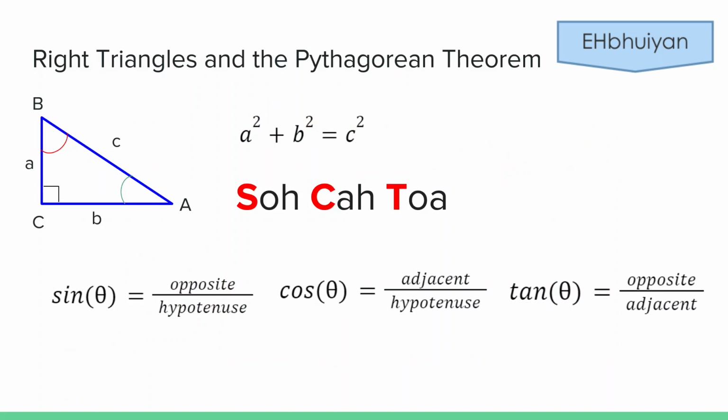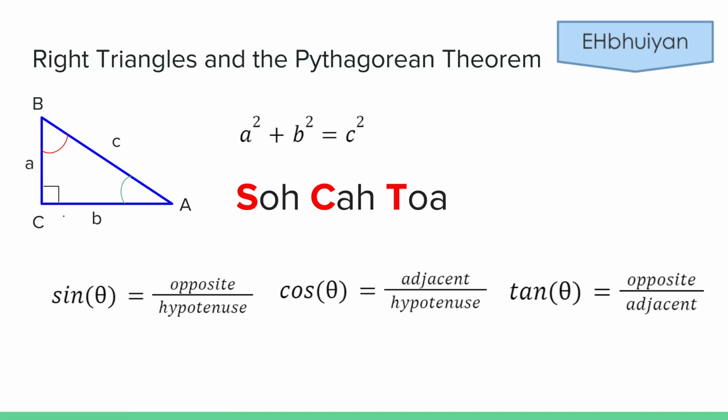When we have a right triangle, we can use a special theorem known as the Pythagorean theorem. Let's say C is the right angle, which is 90 degrees. We know that interior angles of a triangle sum to 180 degrees.